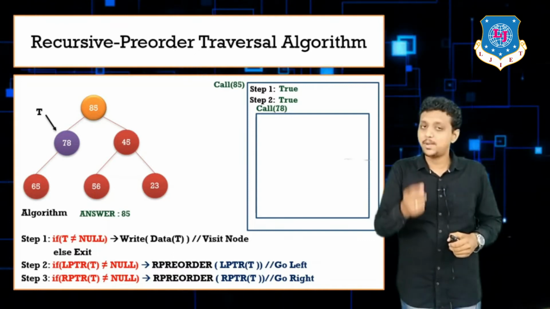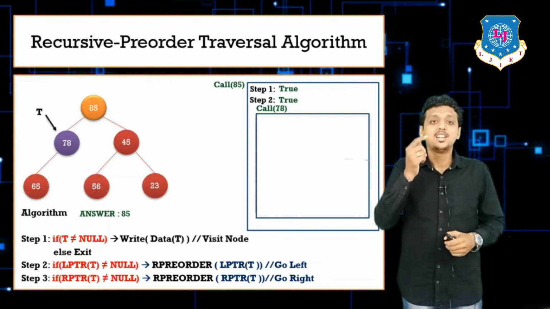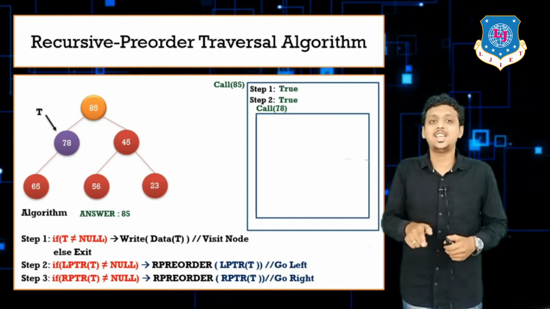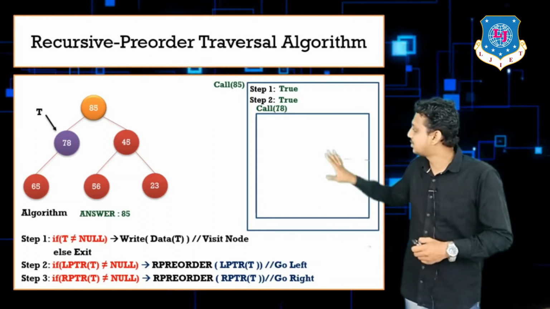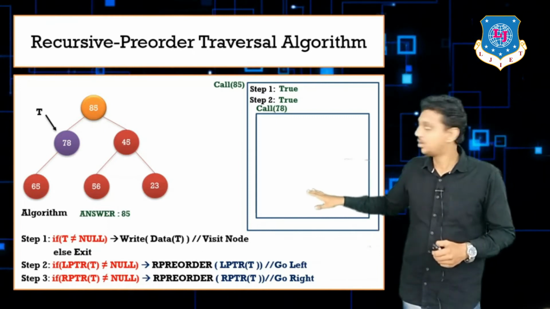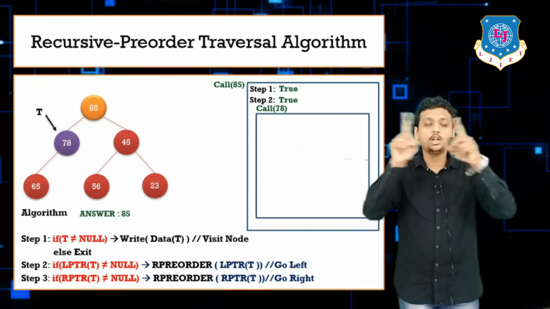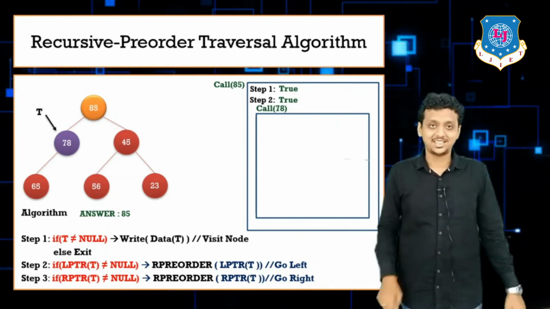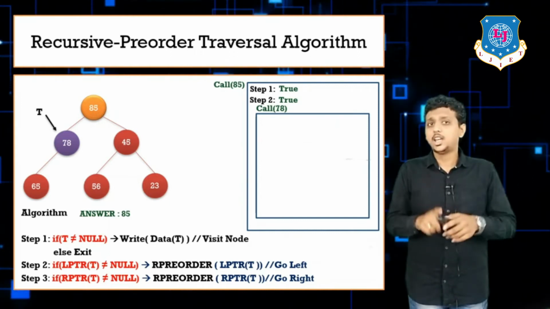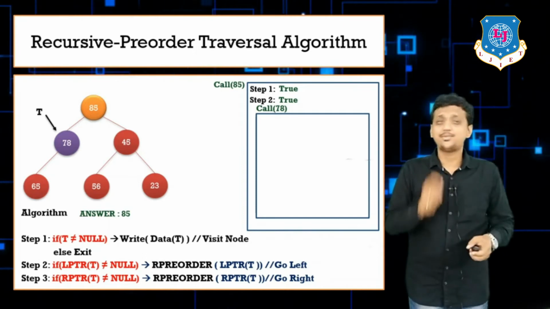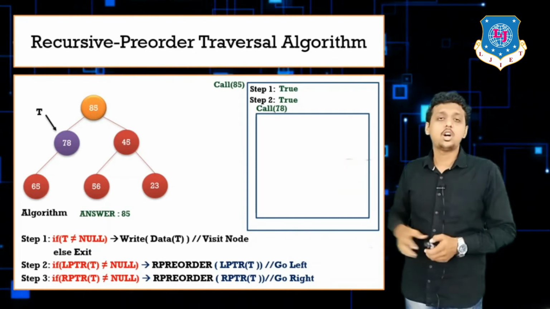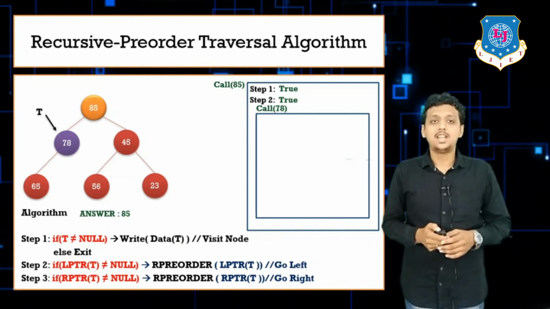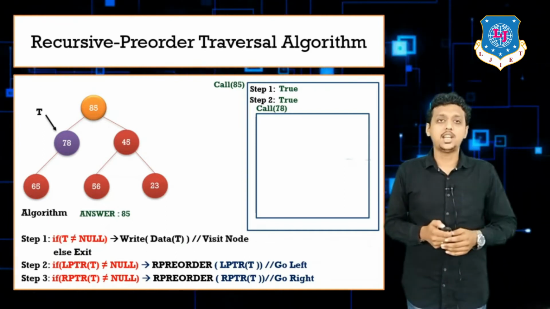If you remember the application of stack, we apply the stack on recursion, or we can say recursion uses a stack. So here it is. Fine. This inner box shows another function call for 78. Fine. So let's go further for the next step.